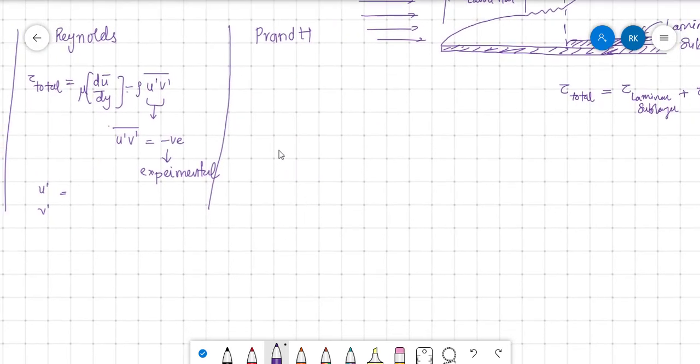And what did Prandtl give? Tau total is equal to mu into du bar by dy. This is common for all, plus tau turbulent. So he gave tau turbulent as rho L square du by dy.